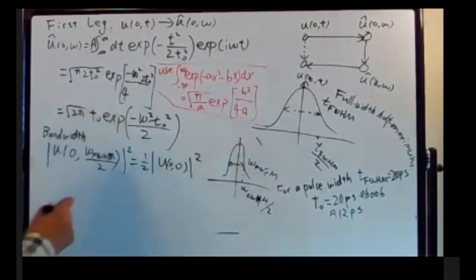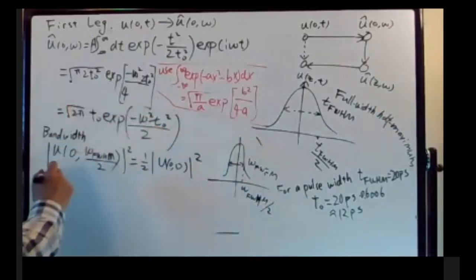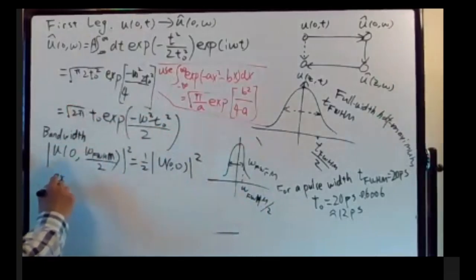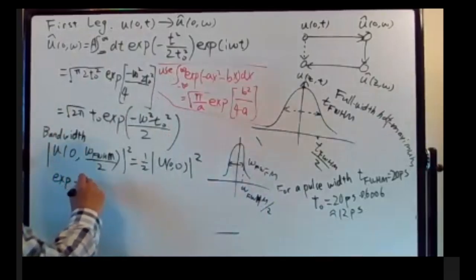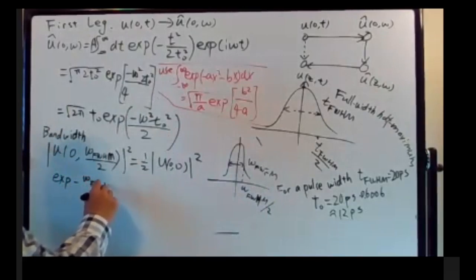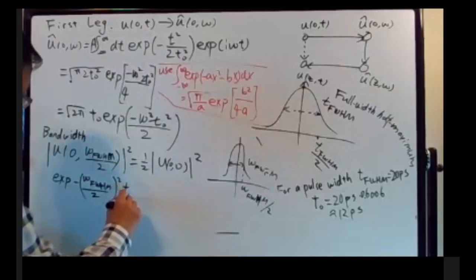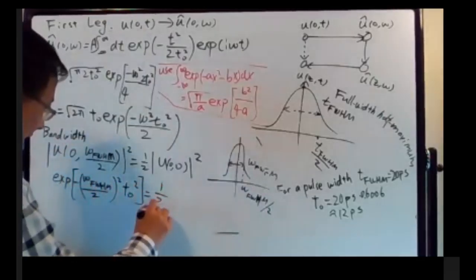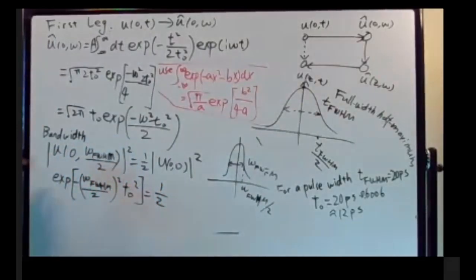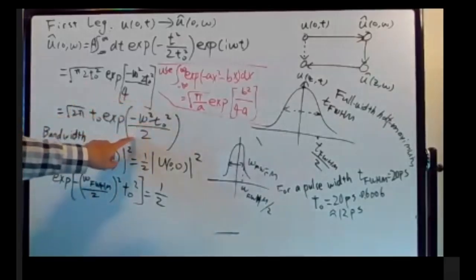What it means is that I take an absolute value, so it's an exponential, take a square, negative omega full width half maximum over 2 squared t naught squared. This should be half. I only look at the omega-dependent exponential.